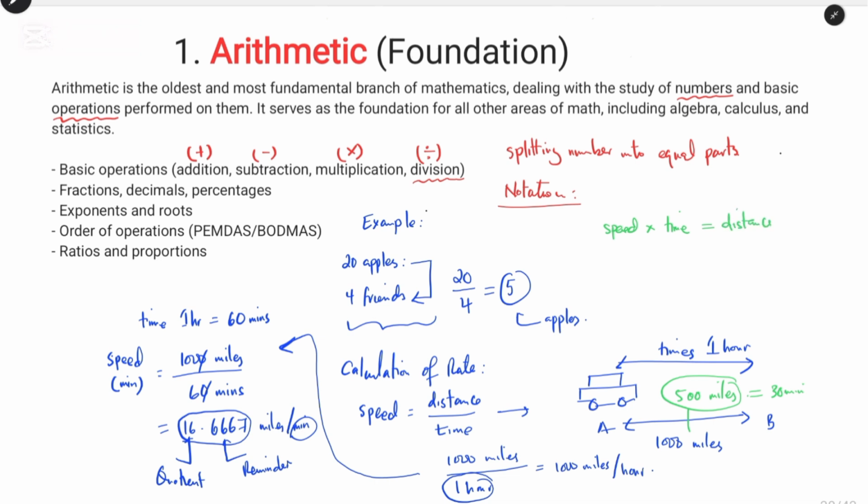So if someone asks you how long you traveled, the distance between point A and point B, then you have the speed, which is 16.6667 miles per minute, times the time, which is 30 minutes. We can have 500.001 miles. Therefore, it is equivalent to 500 miles.